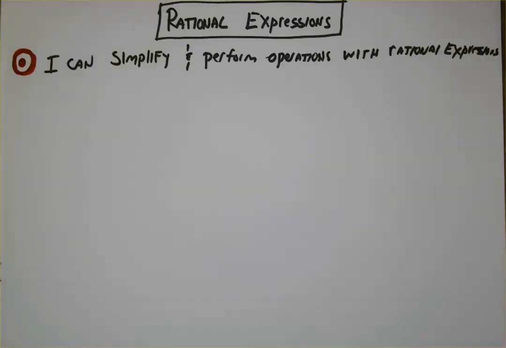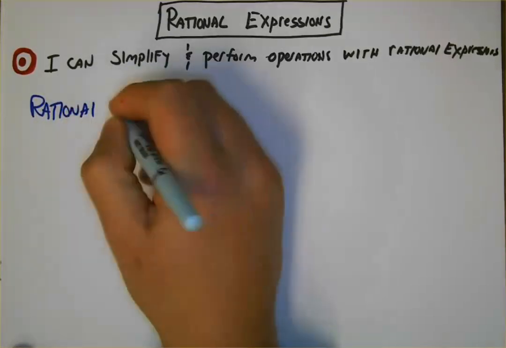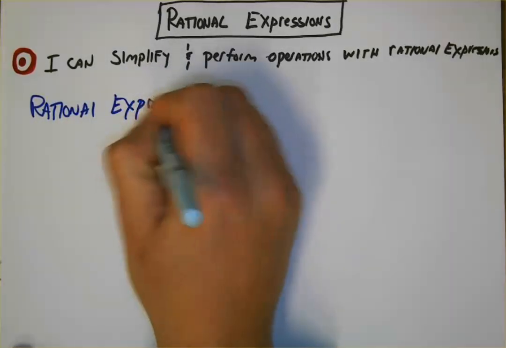Today I would like to talk about rational expressions, and today's learning target is: I can simplify and perform operations with rational expressions. First, let's talk about what a rational expression looks like. What is a rational expression?